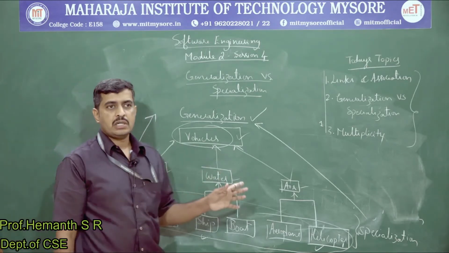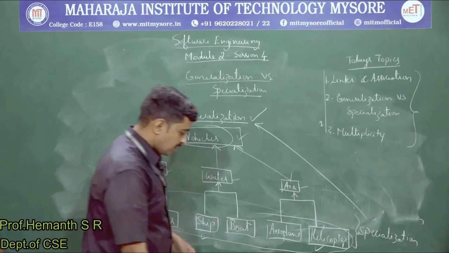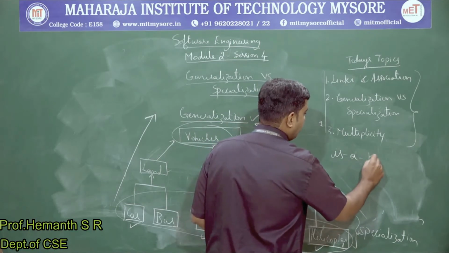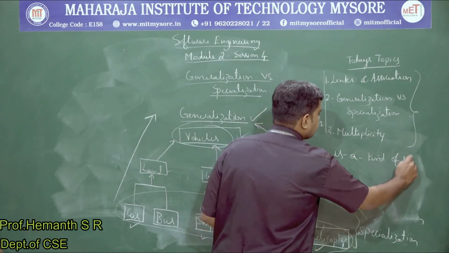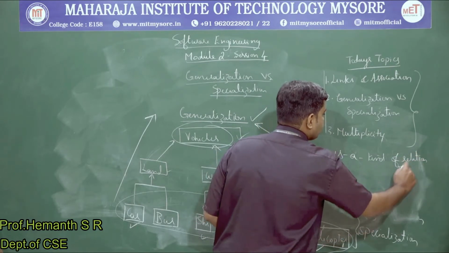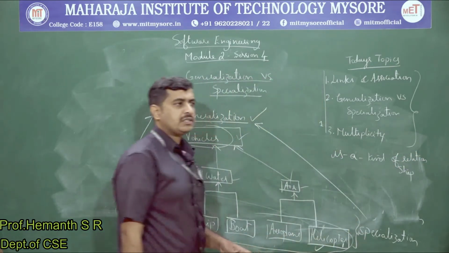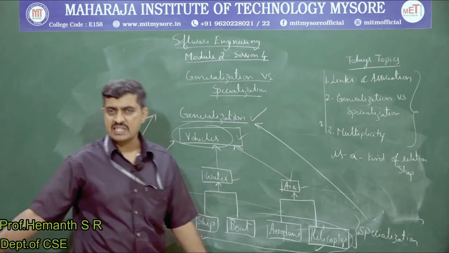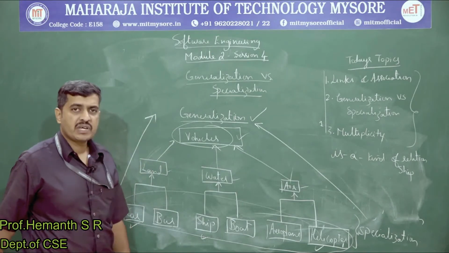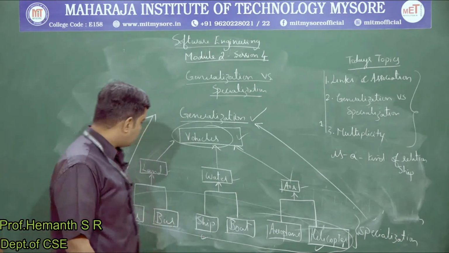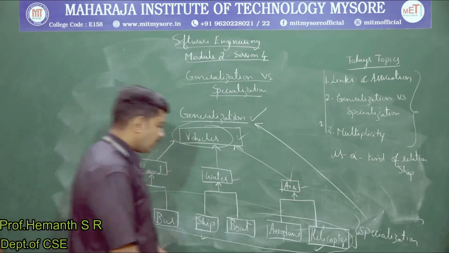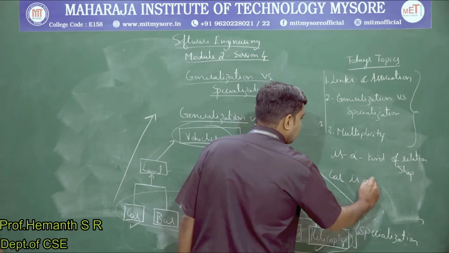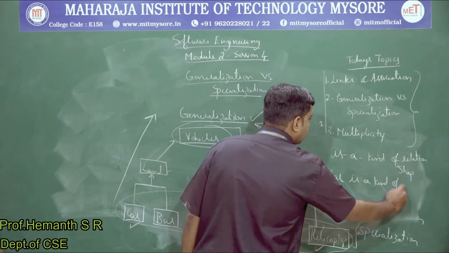And in addition to this, generalization is represented by what is called an "is a kind of" relationship. So we represent generalization using an is-a-kind-of relationship. What exactly is this? I'll take a few specific examples for more clarity. For example, car is a kind of what?